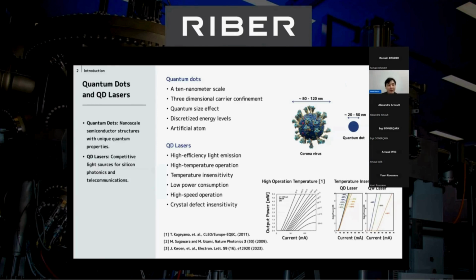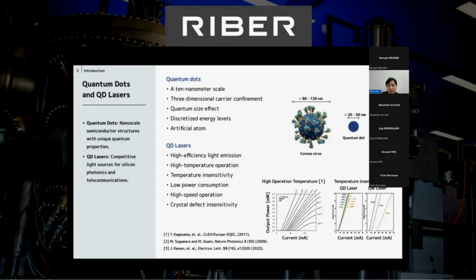First of all, I want to introduce quantum dots and quantum dot lasers. Quantum dots are nanoscale semiconductor structures with unique quantum properties, and their size is smaller than a coronavirus, around 20 to 50 nanometers.